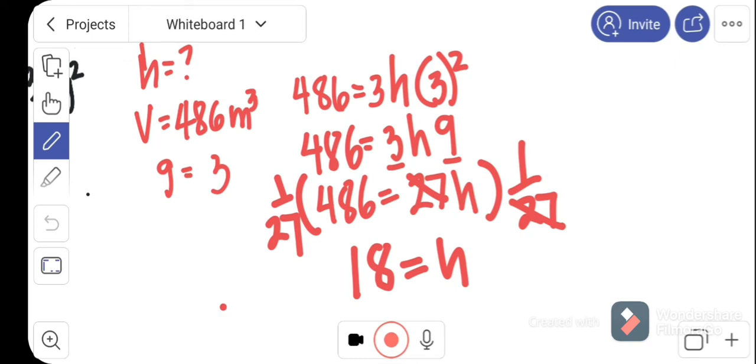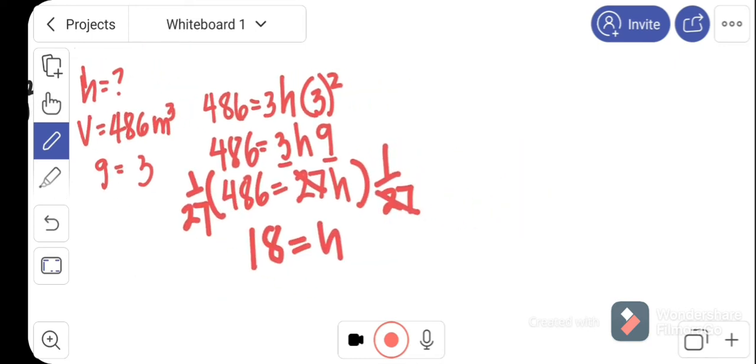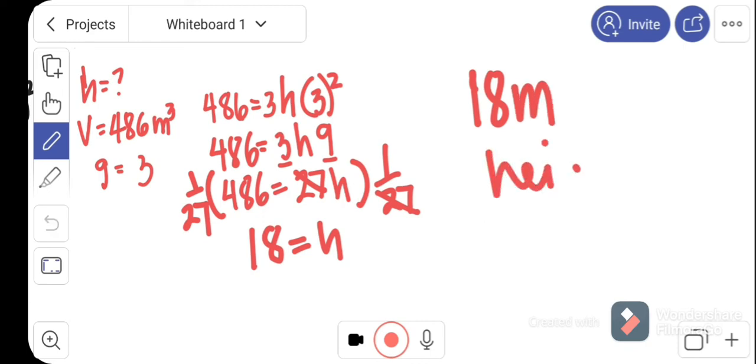What is the height? Let's put the correct unit of measurement with our answer. So we'll have 18 meters, the height of the tree when its volume is 486 cubic meters and the girth is 3 meters.